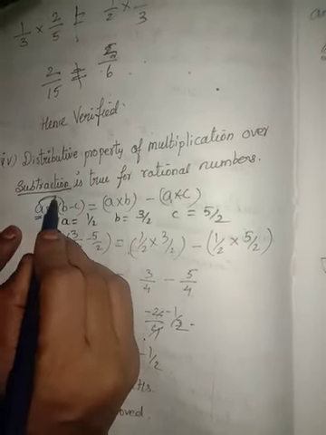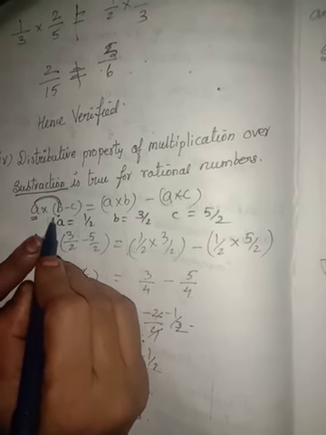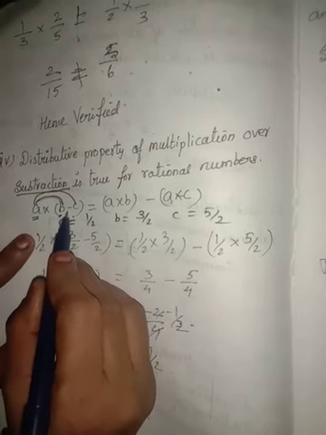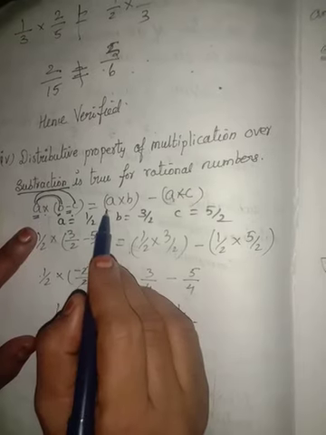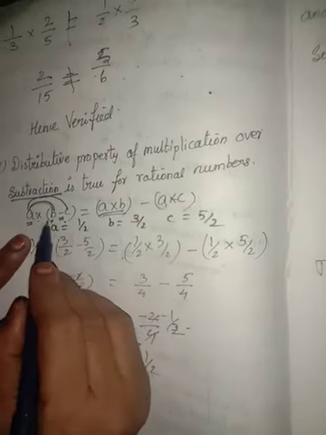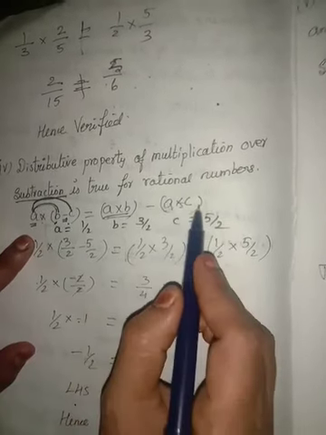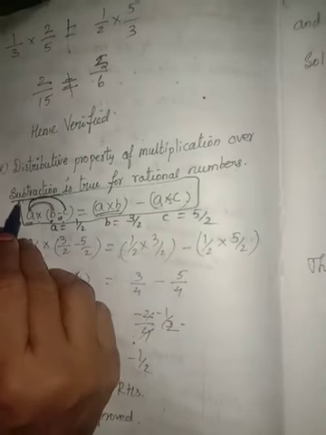So A distributes to the first number B, then again A distributes to C. So what is the sign here? Subtraction. So on the right hand side, A cross B minus, again A distributes to C, A cross C. That is the distributive property of multiplication over subtraction.